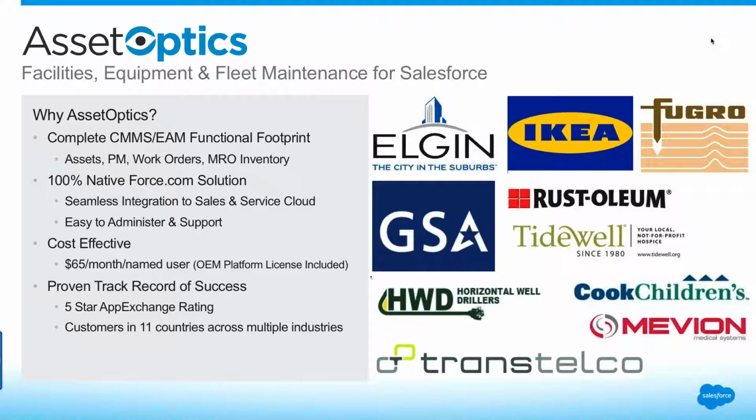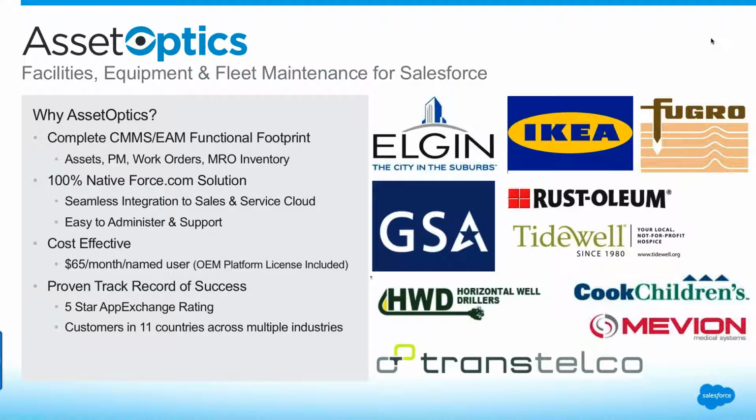So why AssetOptics? Why do customers across multiple industry verticals choose AssetOptics? First and foremost, it's because we provide a very robust functional footprint for the enterprise asset management business problem. Secondly, our application is 100% native Salesforce.com.